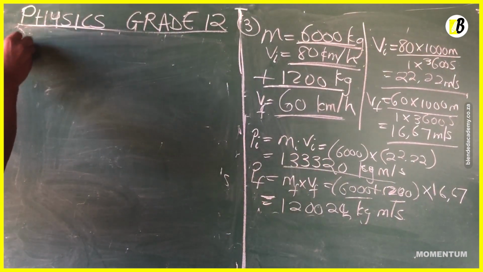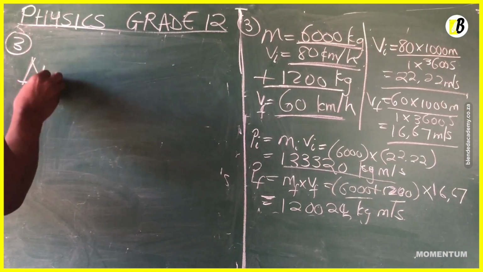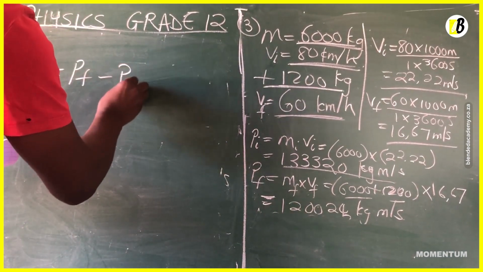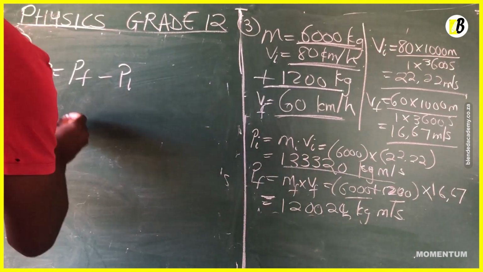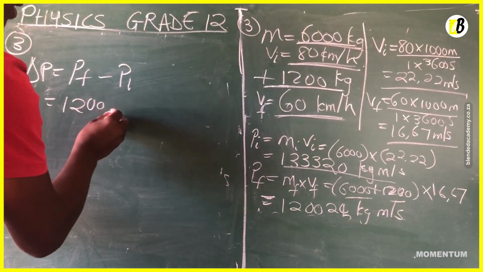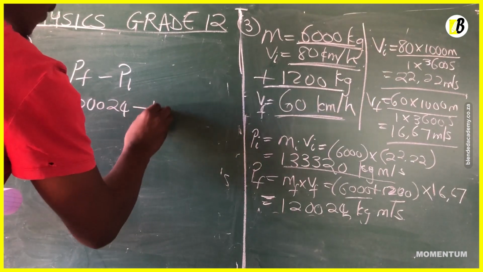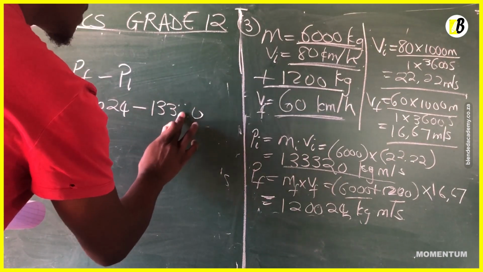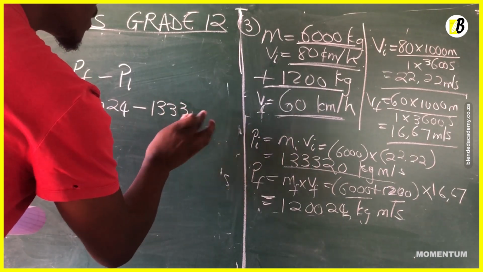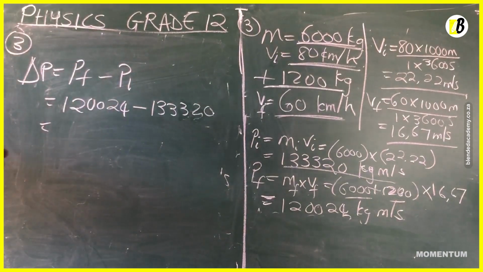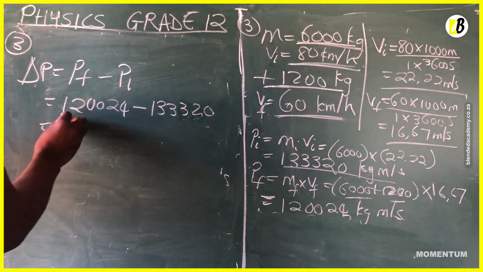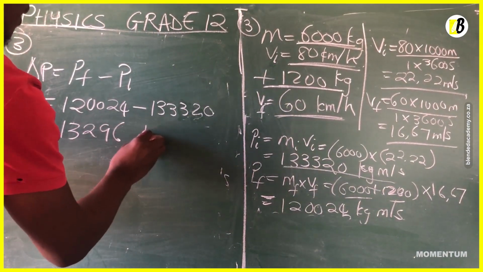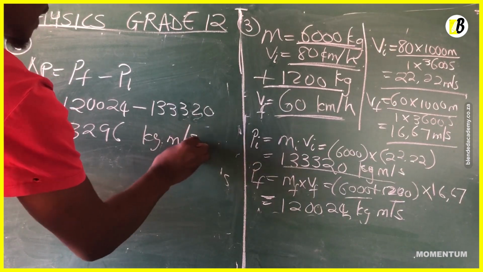Okay, it's our third example. The change in momentum equals the final momentum minus the initial momentum. The final momentum is 120,024 minus 133,320. Oh, I missed the 3. Then we're going to get negative 13,296 kilograms meters per second.